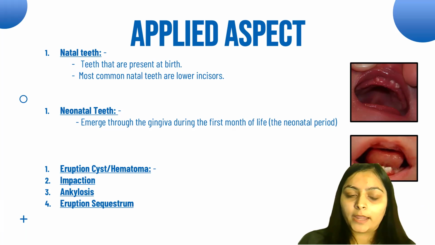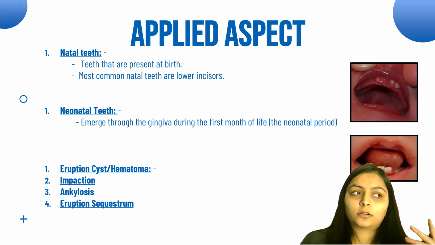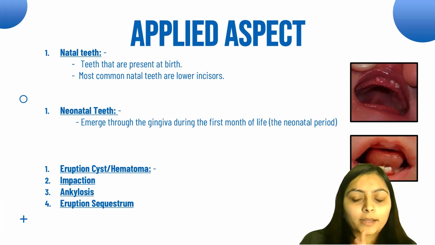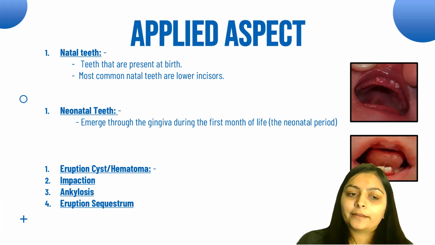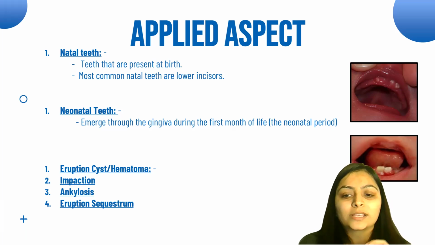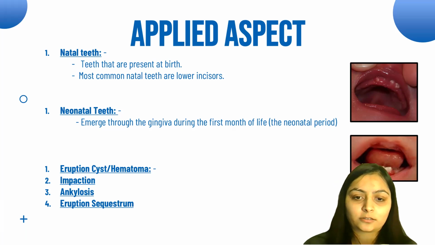If anything affects the eruption process and results in loss of periodontal ligament between tooth and alveolar bone, it results in ankylosis of the tooth, and ultimately an infraoccluded tooth. Eruption sequestrum: at the time of eruption, when the tooth is piercing the bone, there is going to be necrosis of the bone resulting in a sequestrum, known as eruption sequestrum.